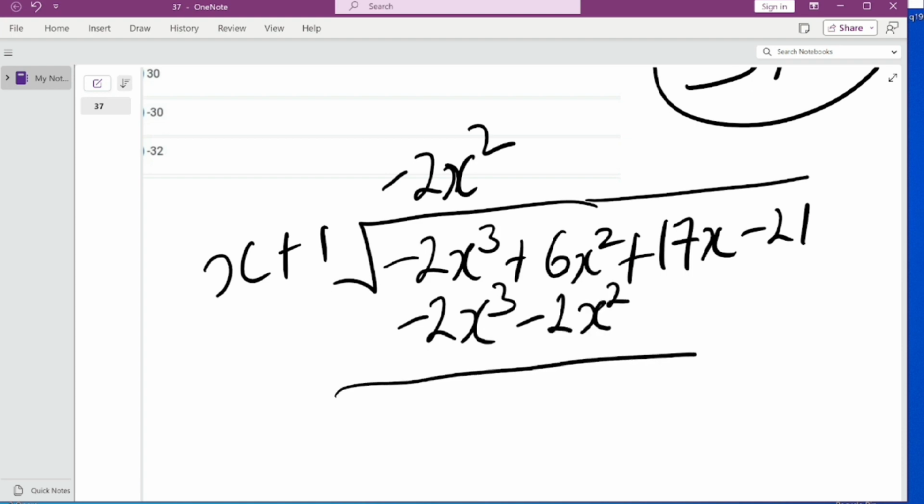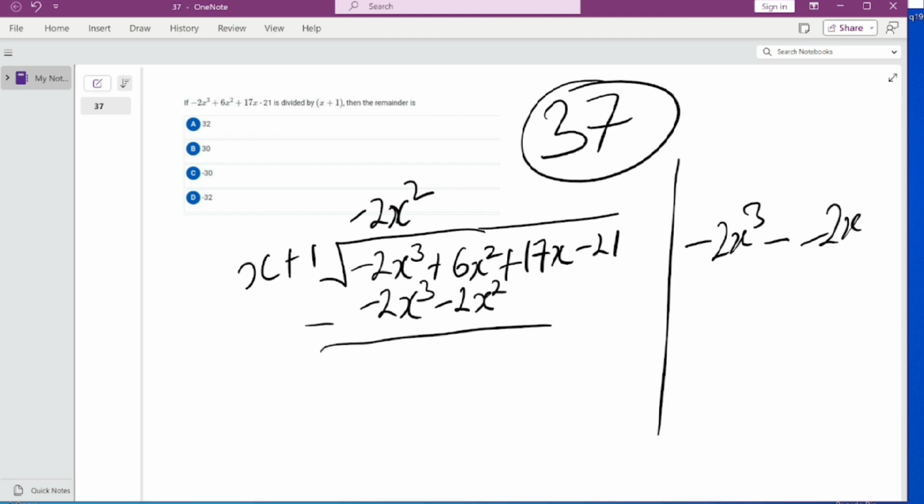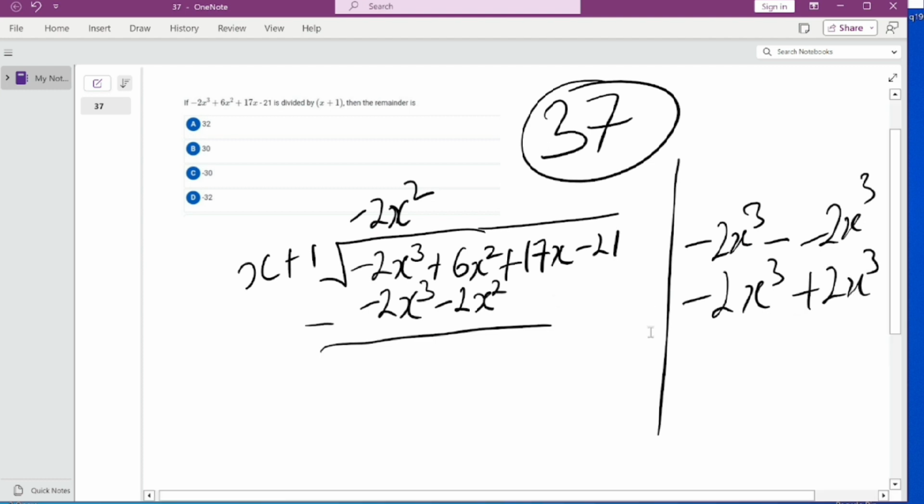squared. Then you subtract. You have minus 2x cubed minus minus 2x cubed, which is minus 2x cubed plus 2x cubed, which gives us 0. So here we put our dot.